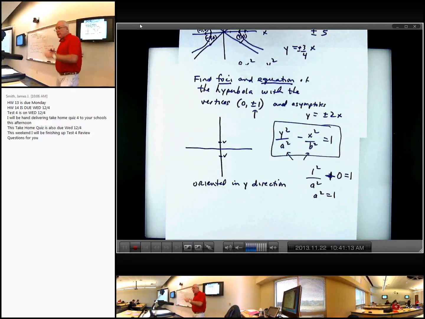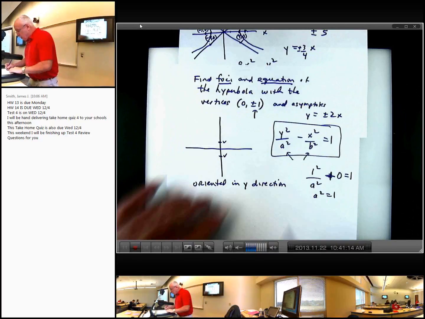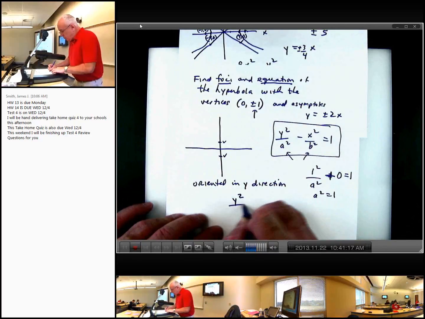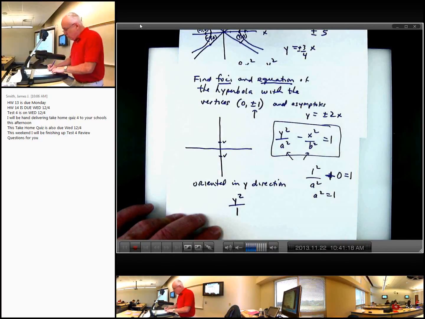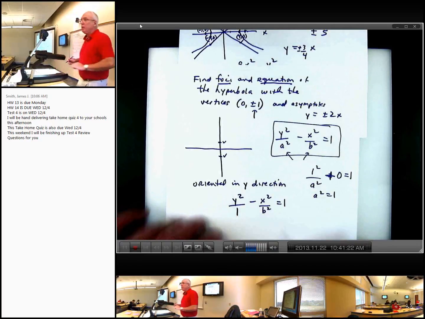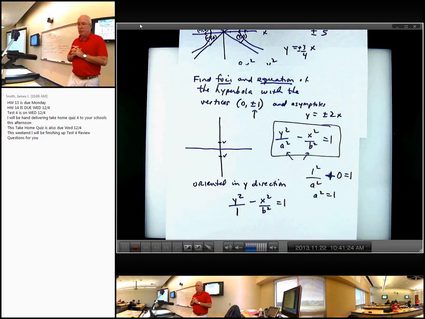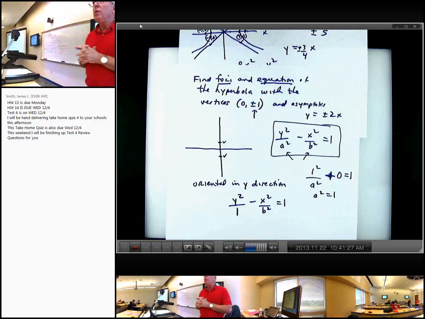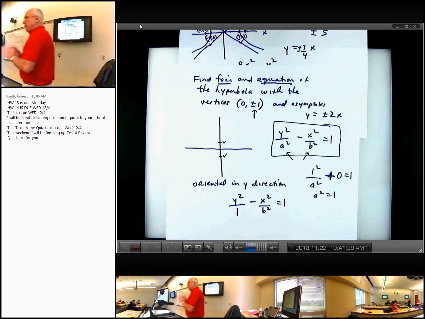So I know that that number under the y squared is 1. So I know it's y squared over 1 minus x squared over b squared equals 1. So I've gotten that far with it. Are we okay with that? That much so far.